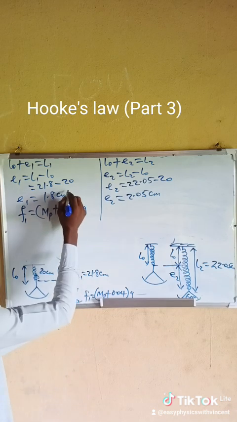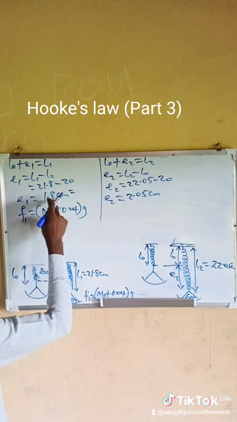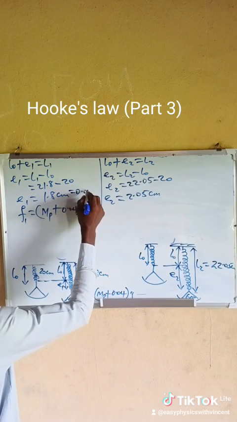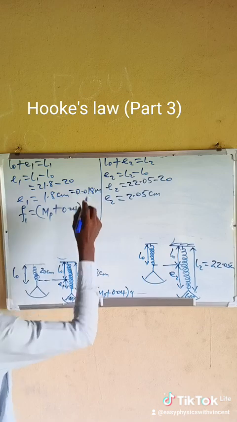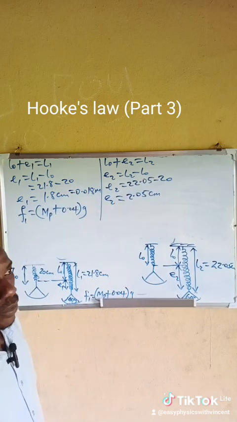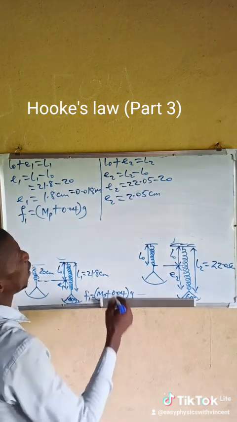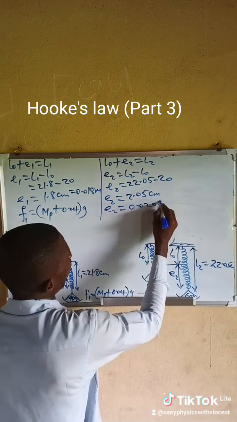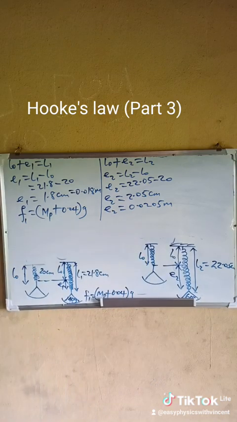If I convert this to meter, divided by 100, E1 is 0.018 meter. This one too, divide by 100, you're going to have E2 as 0.0205 in meter.